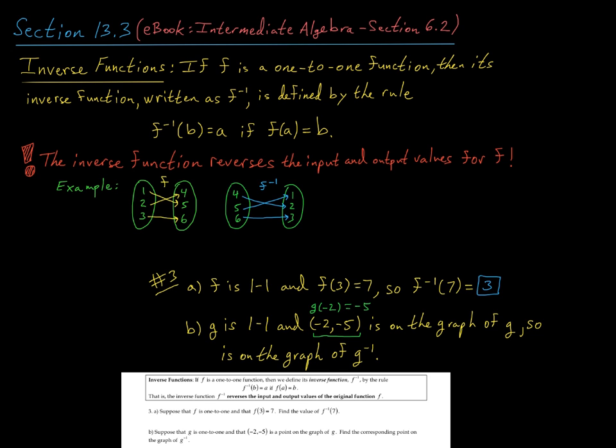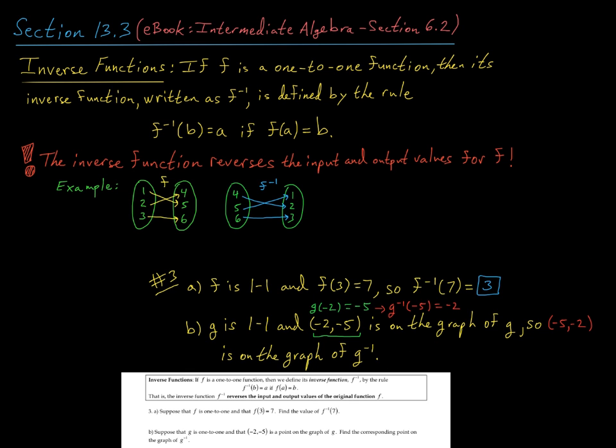And so for the inverse, we just reverse input and output. So I'm going to have g inverse of -5 is equal to -2. And this statement tells me that the point (-5, -2) is on the graph of g inverse.